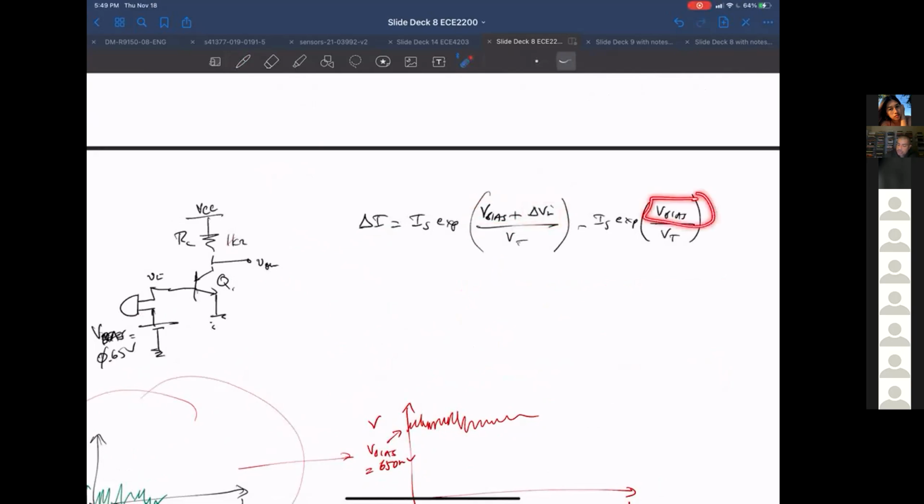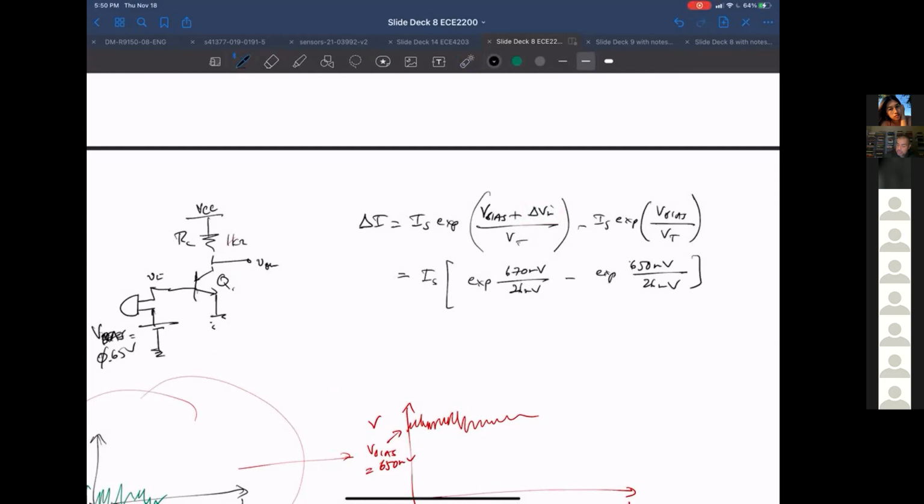And when there's no signal, let's just say it's V bias, or you could think of it as V bias minus delta V. But either way, here this would equal, so IS, it would be exponential of 670 millivolts over 26 millivolts minus exponential of 650 millivolts over 26 millivolts.